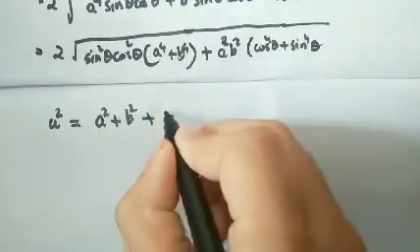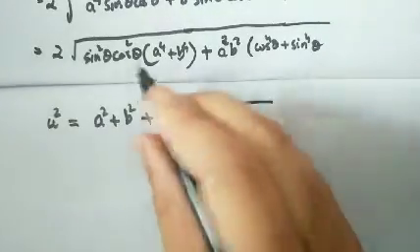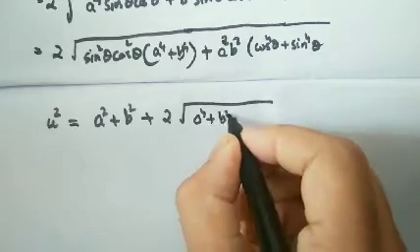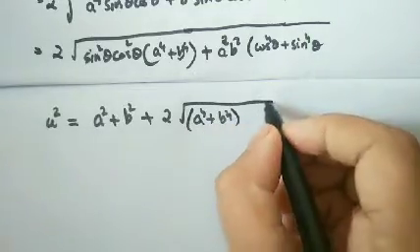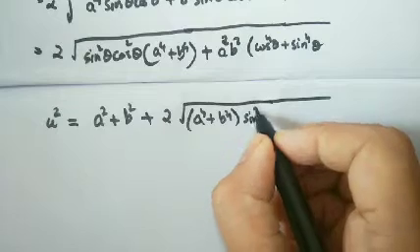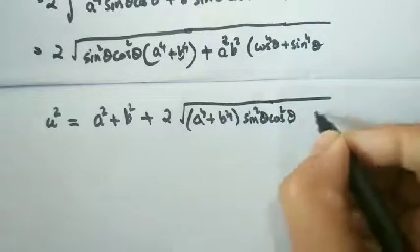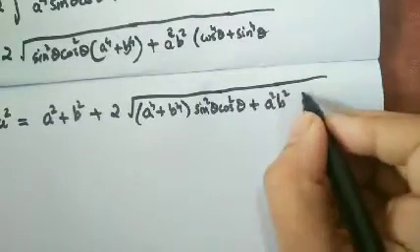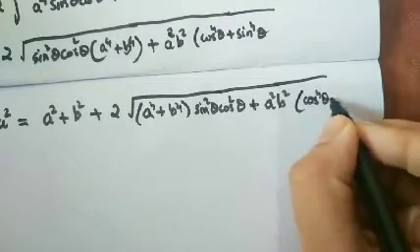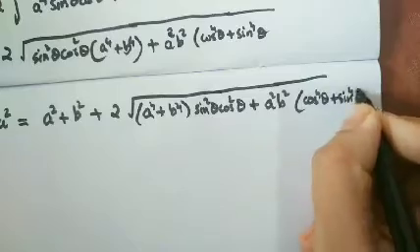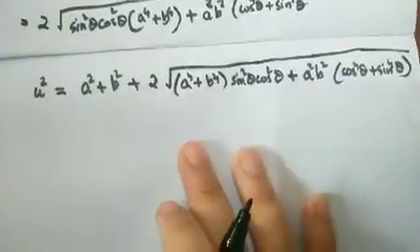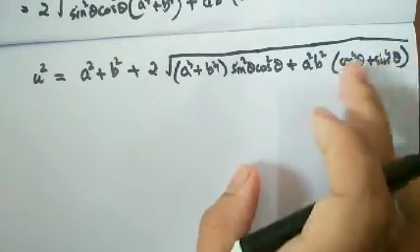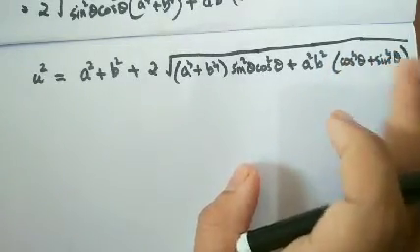So I will have 2 into root of this, substituted here: a raised to 4 plus b raised to 4 into sin square theta cos square theta plus a square b square into cos raised to 4 theta plus sin raised to 4 theta. Now, in order to simplify this, I have to simplify the power terms.